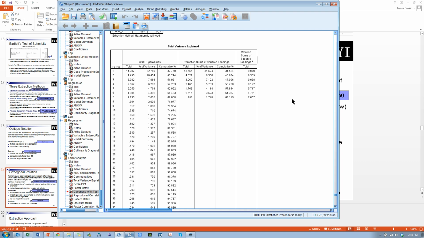The higher the eigenvalue, the more variance is explained by that factor, and one is the minimum threshold of how much additional variance is being explained. 2.55 is the magic number for a critical ratio, like a t-value or z-score, significant at the 0.01 level. That's where we get that number, and it's based on how much variance that factor can explain in that set of variables. I don't know if that makes sense, but that is what's behind it.